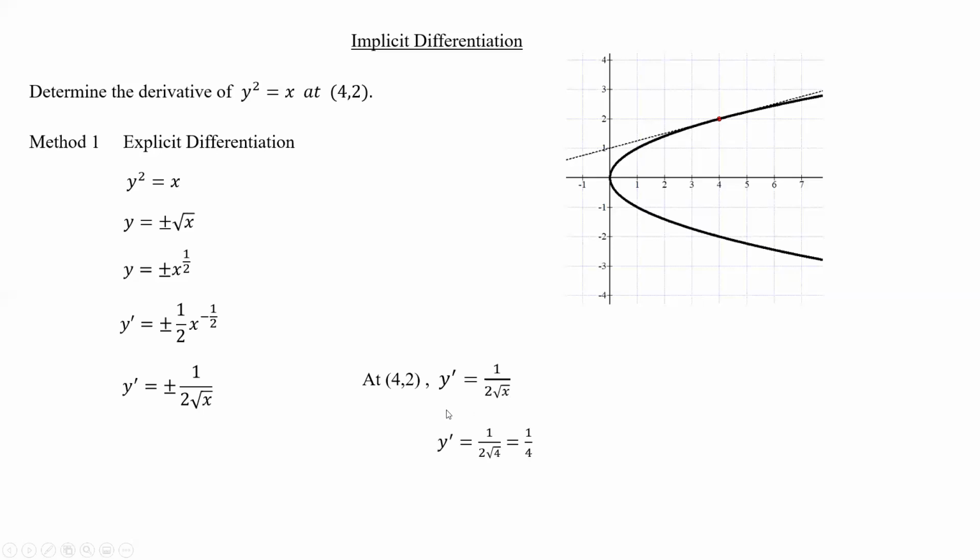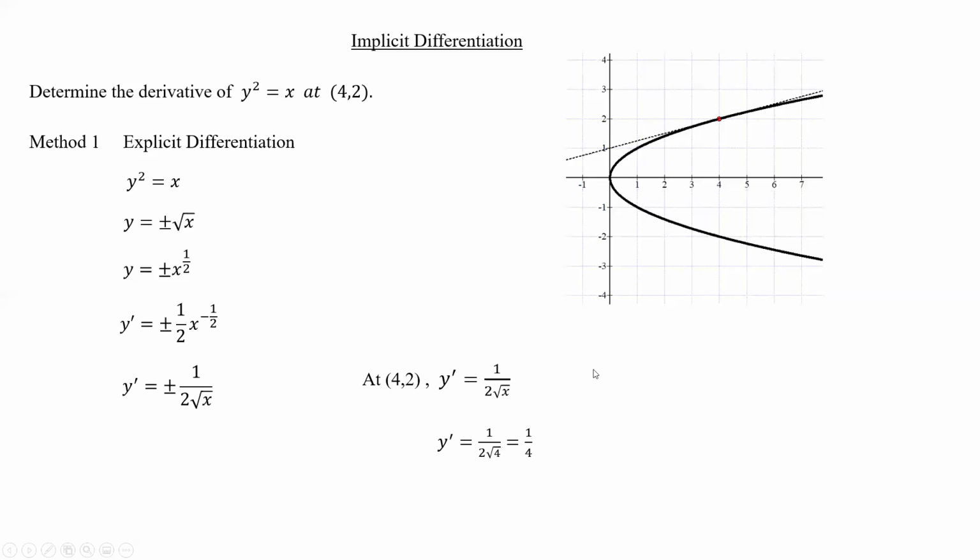We'll get an answer: the slope of the tangent is 1/4. If you look at the slope of the tangent of this line, 1, 2, 3, 4, so it went over 4 and up 1. So the slope, change in y over change in x, is 1/4.